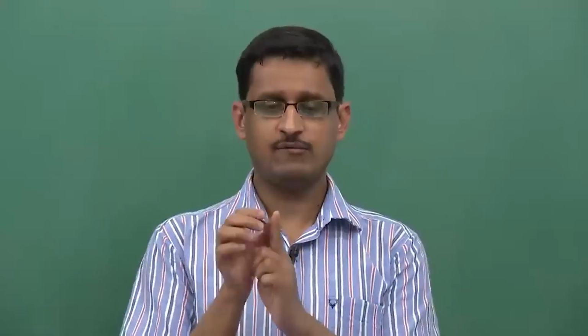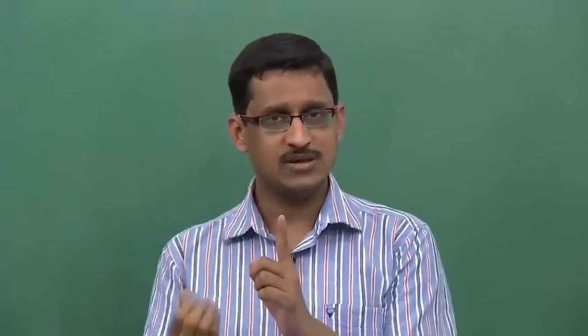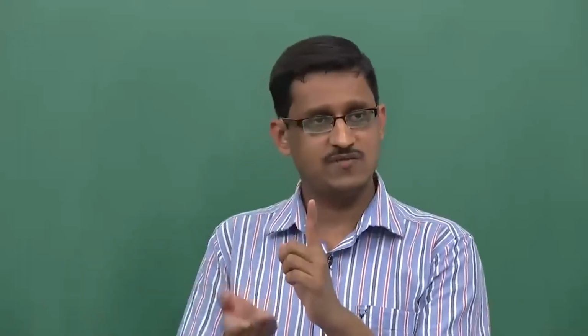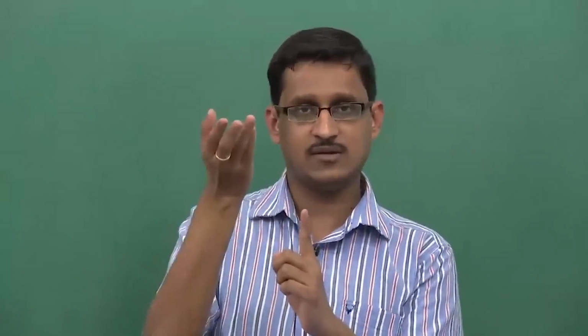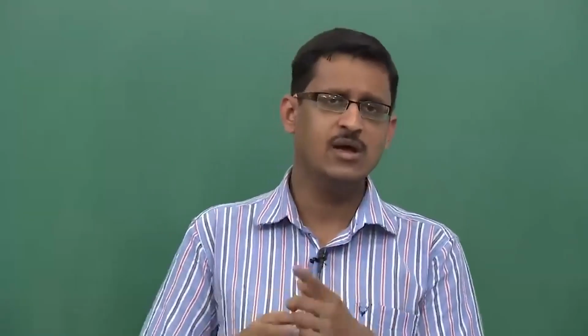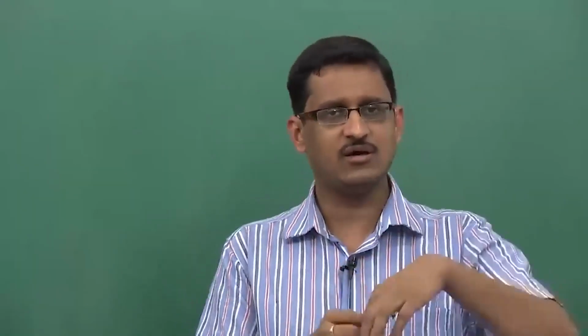Can there be a component along the z direction? For an infinite line charge, if I were to say that there is some non-zero z hat component, it also means that there is a charge somewhere which is giving a field along the z axis. But that is not the case here. The only charge distribution that I have is sitting on the z axis, all the way from minus infinity to plus infinity.